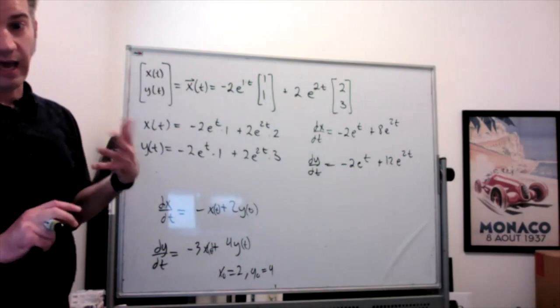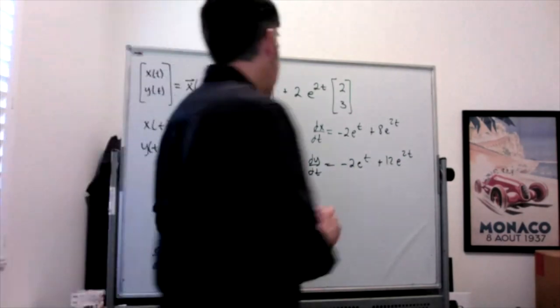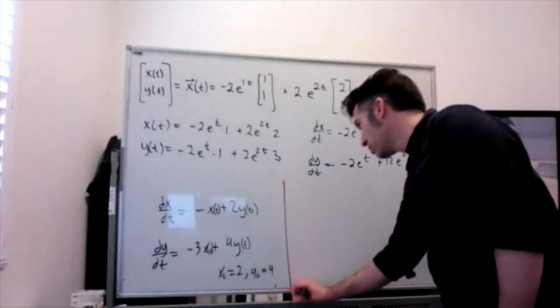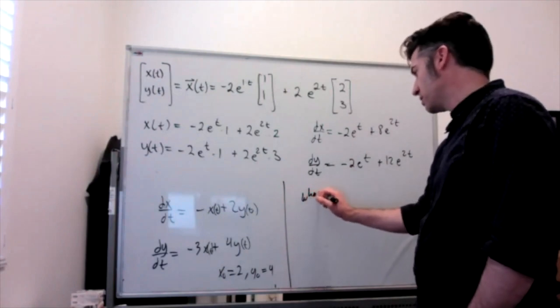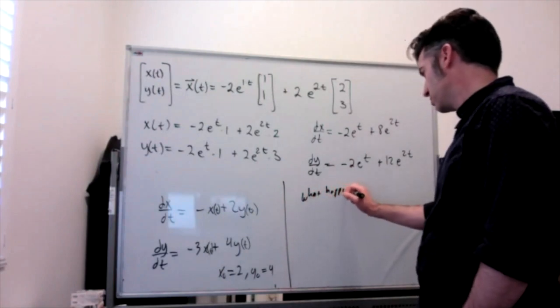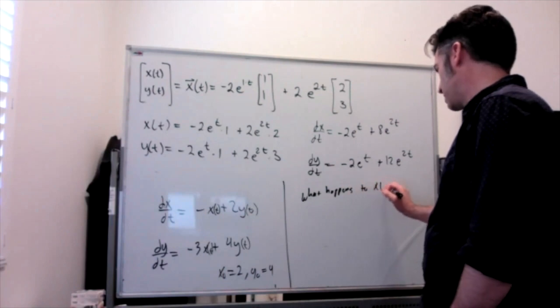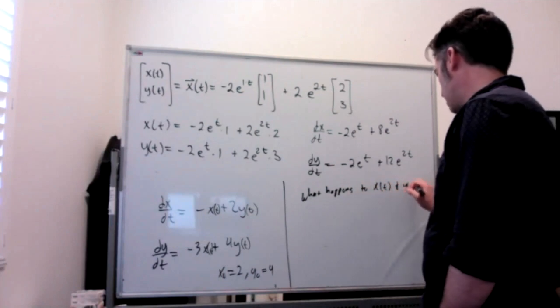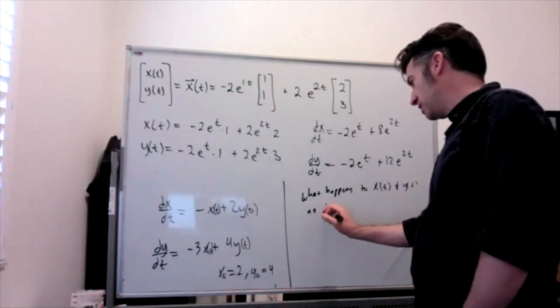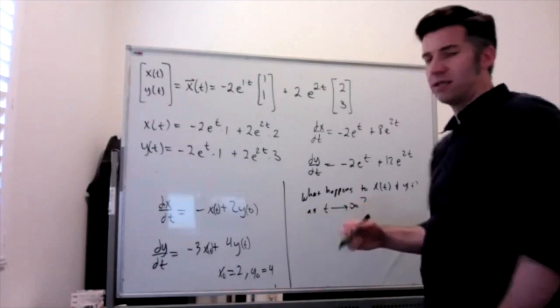Something that people often like to ask about this is what happens to the populations. So what happens to x of t and y of t as t goes to infinity, as time goes on and on and on?